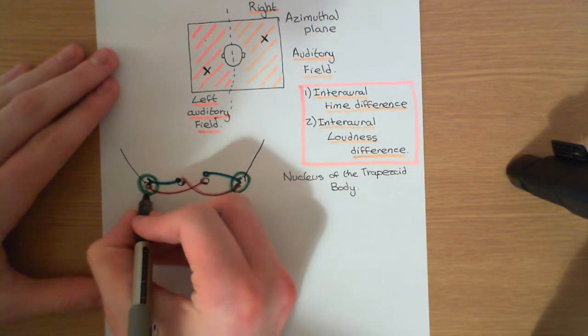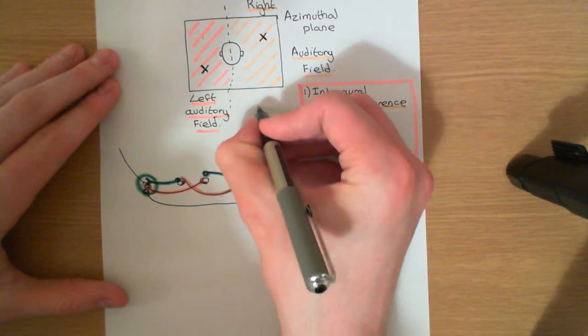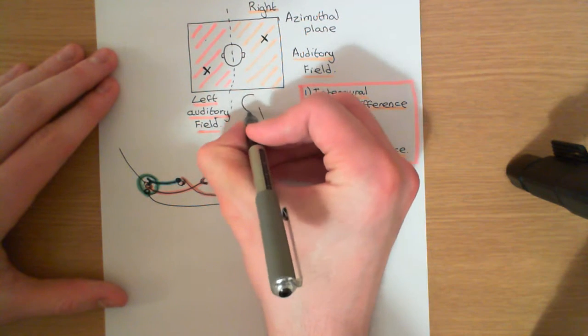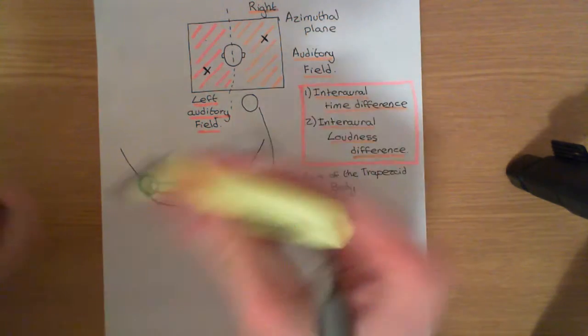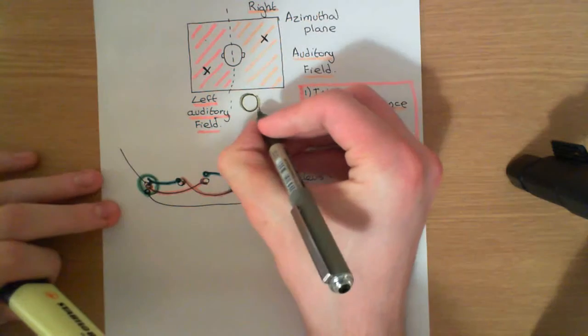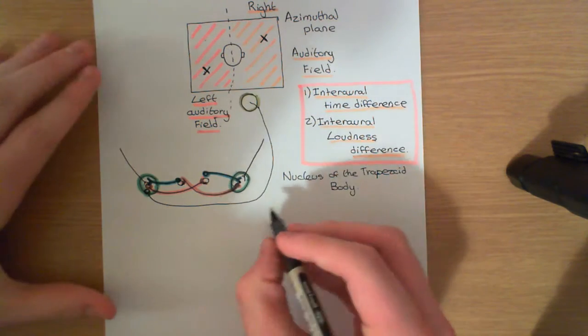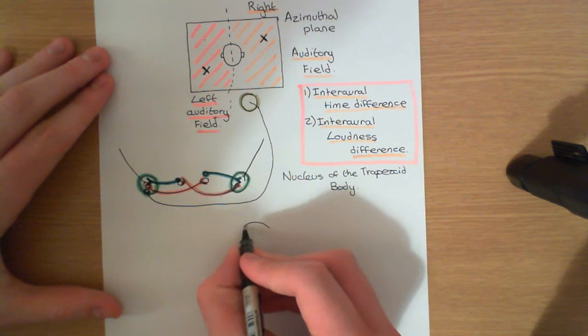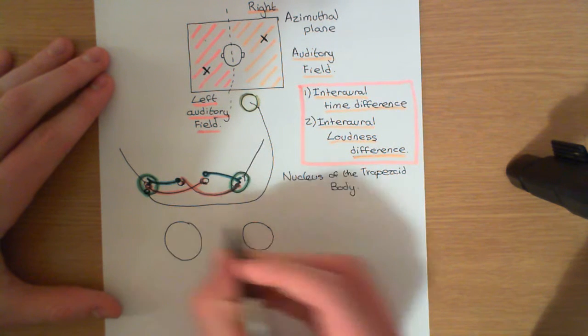So, some of the neurons of the superior olive here on the right hand side will cross the midline like so. Okay, they will go up into the contralateral lateral lemniscus here. Okay, so this is the lateral lemniscus here. So they'll ascend up there, and then they will go to the ipsilateral inferior colliculus, which I'll draw here. So we'll have the two inferior colliculi shown here.